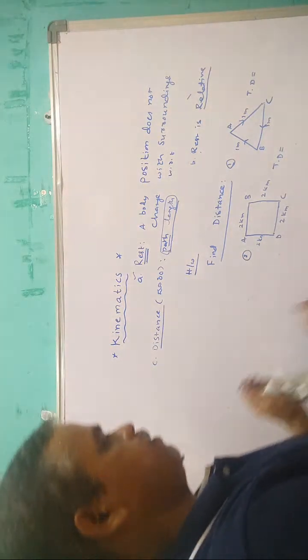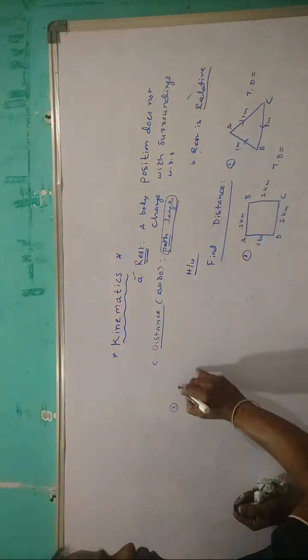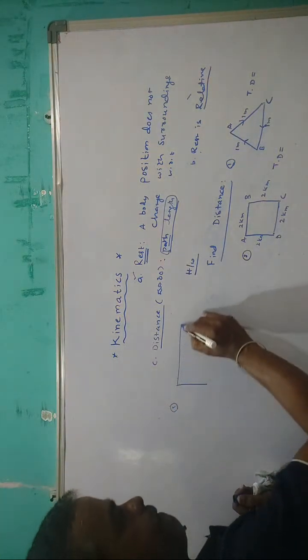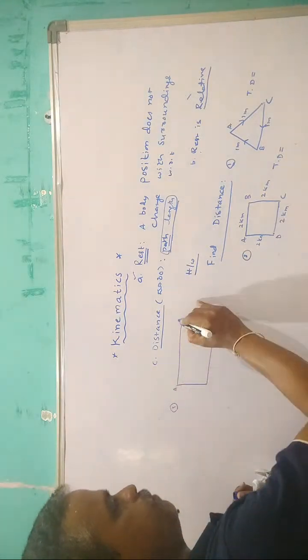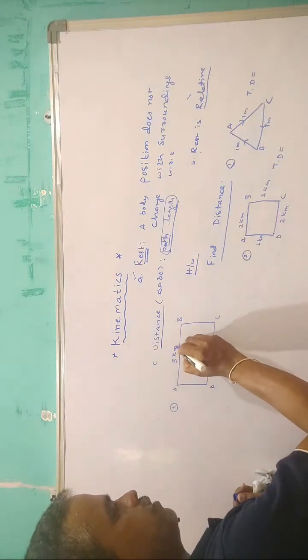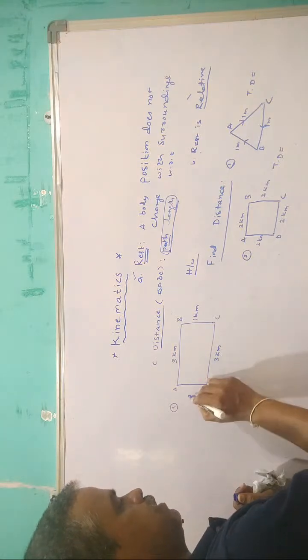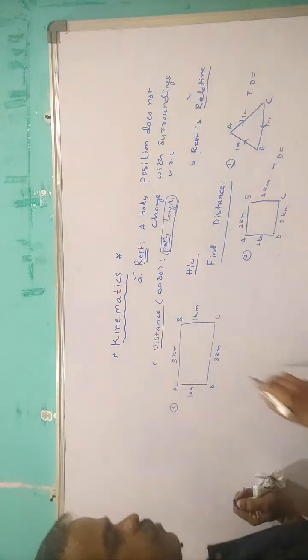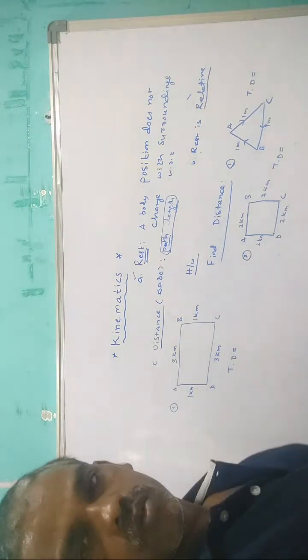Okay. One more, third. This is a rectangular path, A, B, C, D, with sides 3 kilometer, 1 kilometer, 3 kilometer, 1 kilometer. So total distance will be. So this is one more.